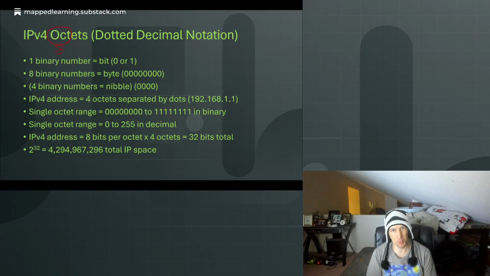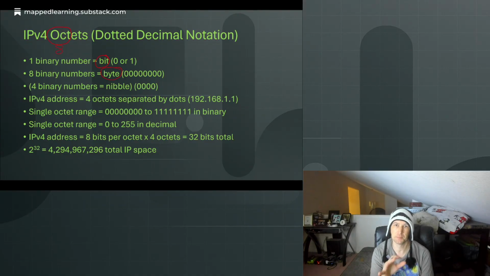So before we move on, we have to understand some terminology. One binary number, a 1 or a 0, is called a bit. 8 of those in succession put together are known as a byte. So 8 bits is a byte. If you're familiar with the term kilobyte, that is roughly 1,000 bytes. A megabyte is a million bytes, and a gigabyte is a billion bytes, and so on.